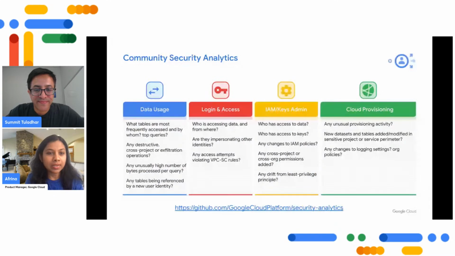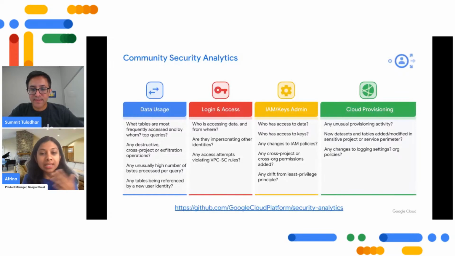So let's quickly talk about CSA. I saw this question come up in chat too. Community Security Analytics is a set of foundational security analytics designed to provide organizations with a rich baseline of pre-built queries and rules that they can readily use to start analyzing Google Cloud logs, including audit logs, VPC logs, DNS logs, or more, using cloud-native or third-party analytics tools.